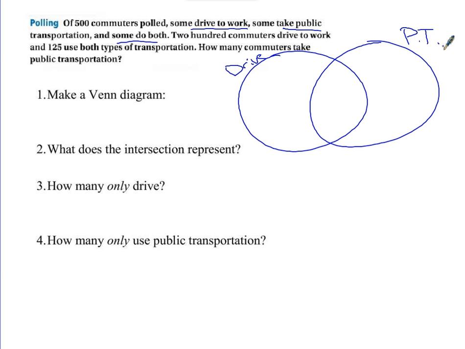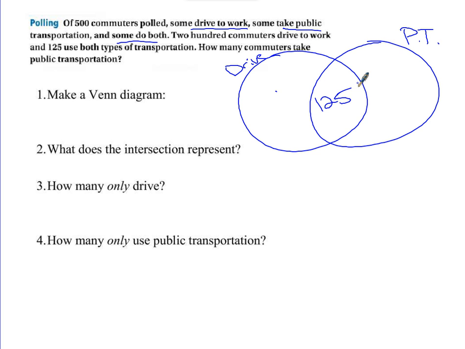But I have this Venn diagram here. This has 200 people in it. But I don't know how many people are here, and I don't know how many people are here. Okay? So it comes from the other piece of information. It says 125 people use both types of transportation. So where does that 125 go for sure? Yeah, there are 125 people here using both types of transportation.